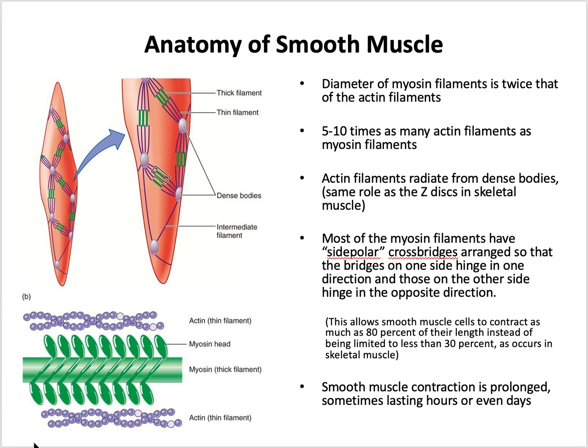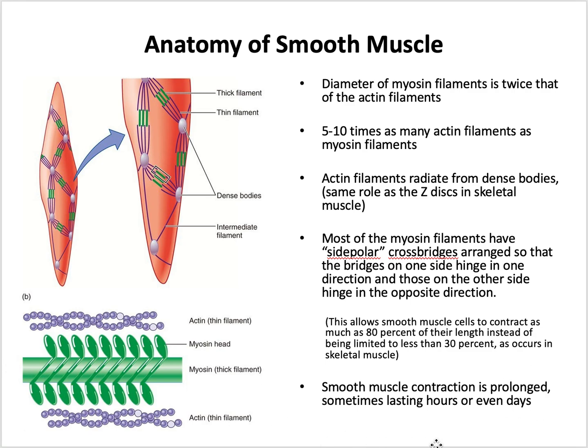And this anatomical feature of the actin and myosin is what allows cells to contract as much as 80% of their length instead of being limited to less than 30% like in skeletal muscle. So it's this unique structure that allows for a greater force of contraction in smooth muscle cells.